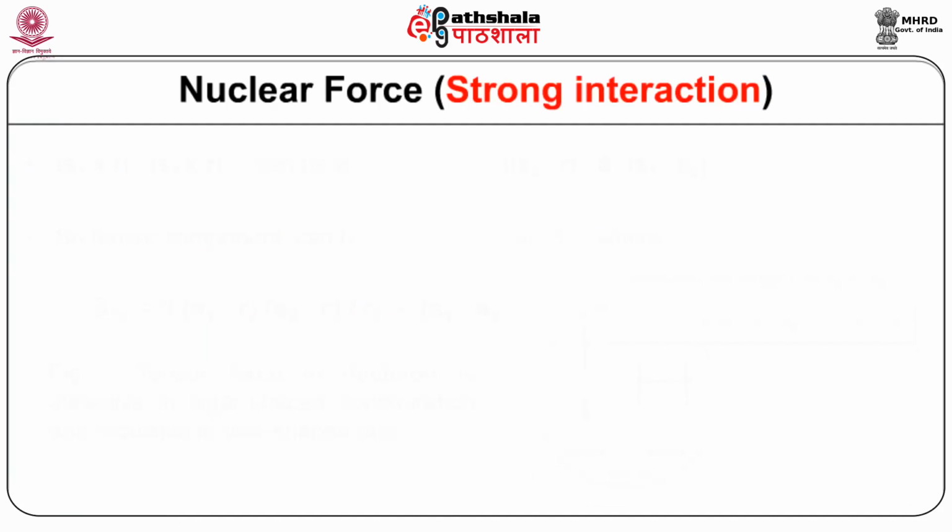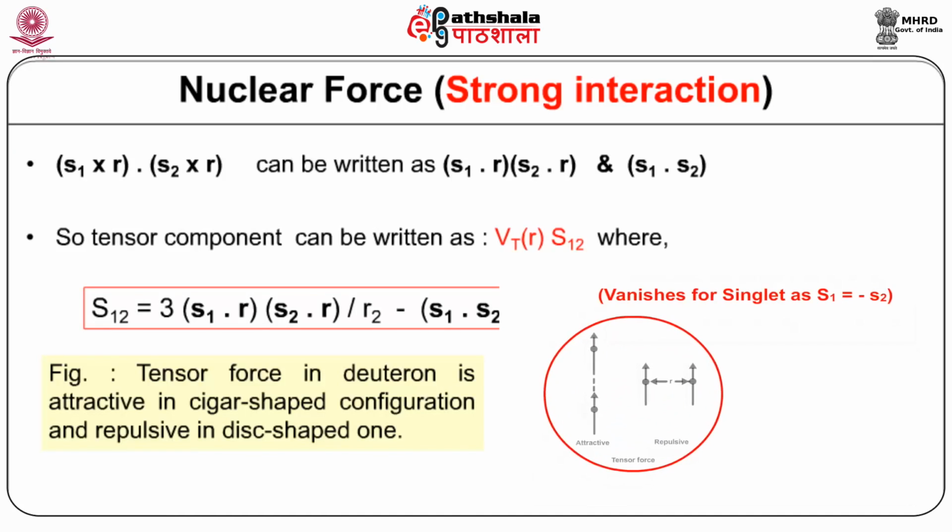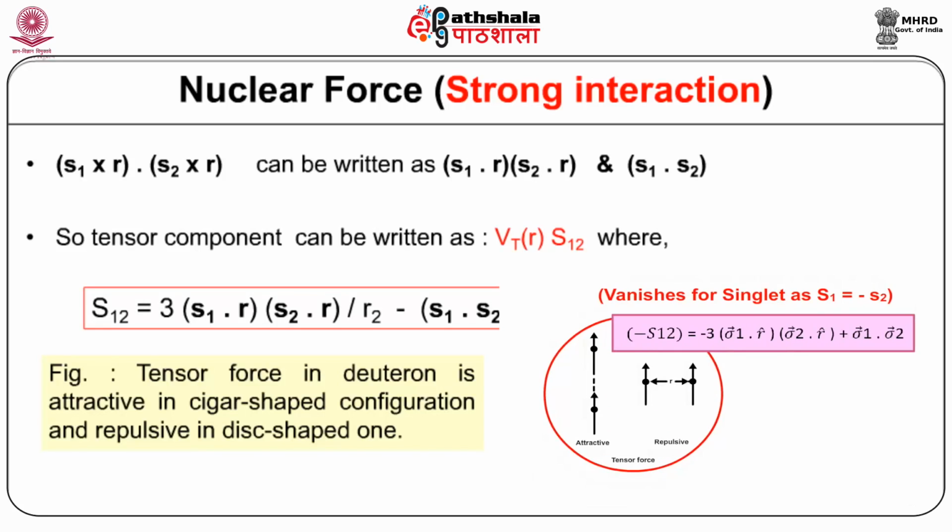Nuclear force, strong interaction. We are continuing with our discussion of the components of nuclear interaction. In the previous slides, we have covered that the nuclear force has many components. The major component is the central potential or central term. The second component is the spin-dependent term. The third major component is the non-central component or tensor component.